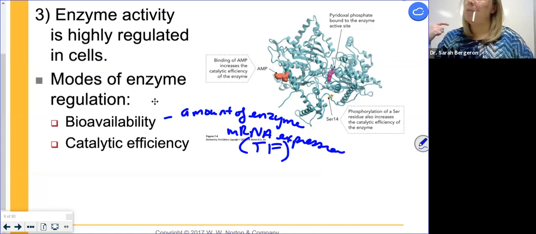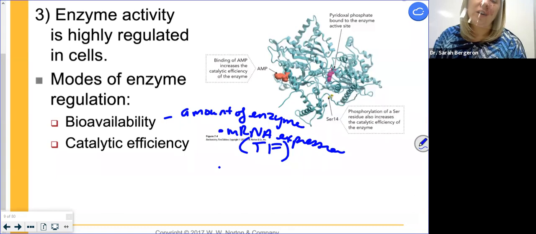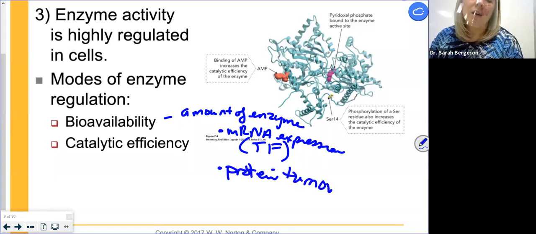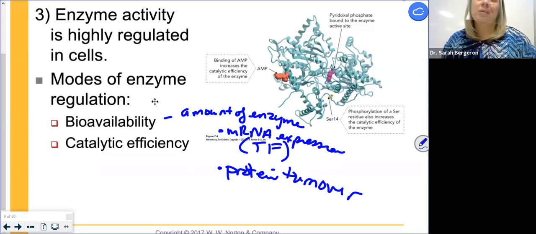If I make one molecule of hexokinase, is it there forever? No, no, no. So protein turnover is another way that we can change bioavailability.